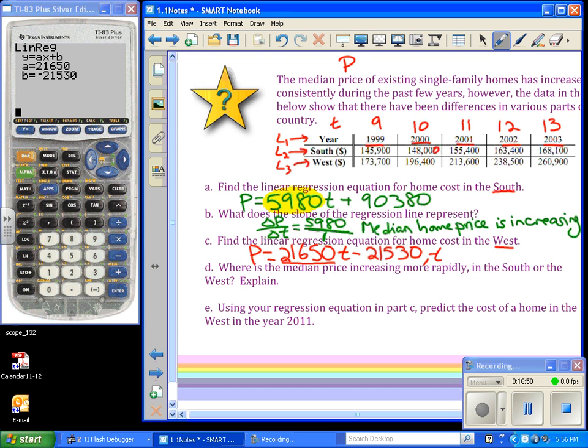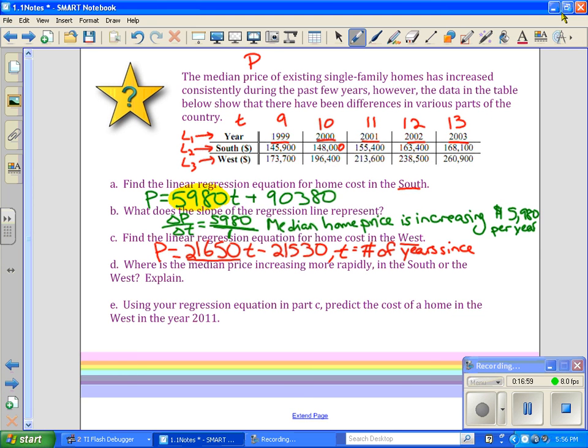So, where is the median price increasing more rapidly, in the South or in the West? Oh, I forgot to put my T is number of years since 1990. And I should write that for both. D. Where is it increasing more rapidly?